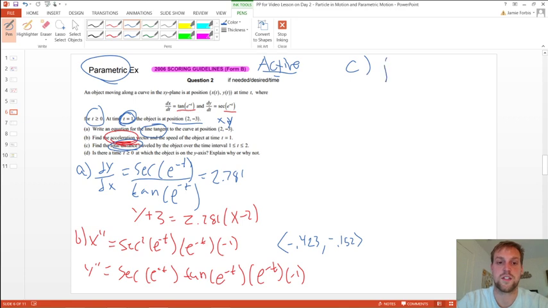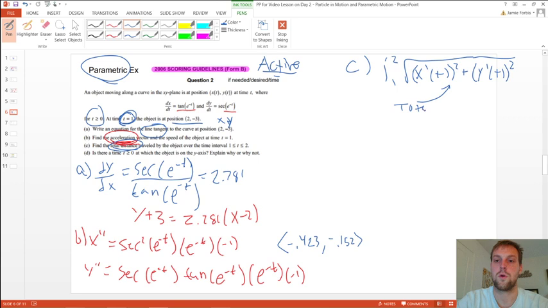So the integral from 1 to 2 of the absolute value of v of t, which in parametric form is the magnitude of velocity, which in this case is the square root of x prime of t squared plus y prime of t squared. So again, this is your total distance.